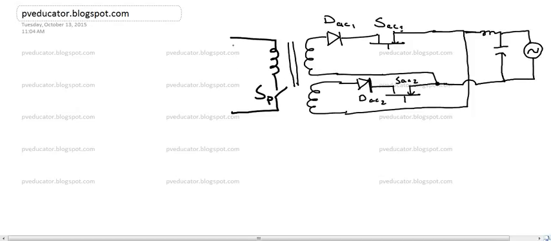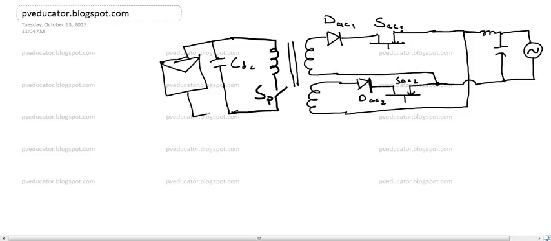Sorry, on this primary side, this is connected with a decoupling capacitor. This is CDC, and this CDC is getting its input from this photovoltaic module.